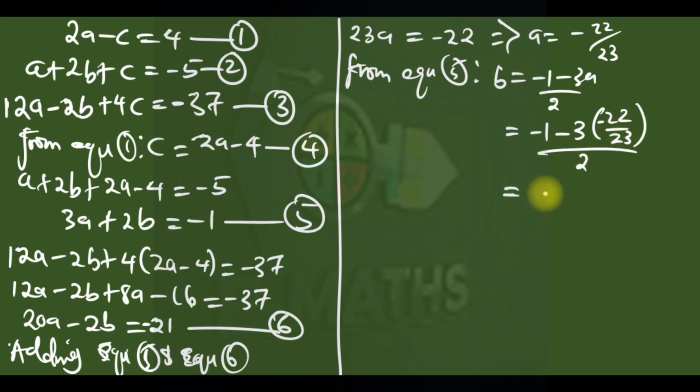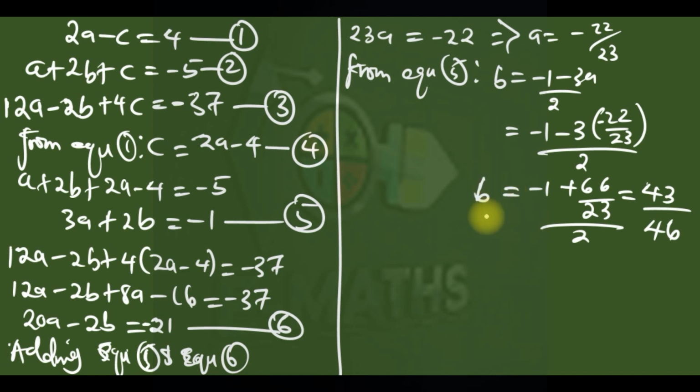So I have minus 1 plus 66 over 23, over 2. Which is 66 minus 23, that is 43, so I have 43 over 46.